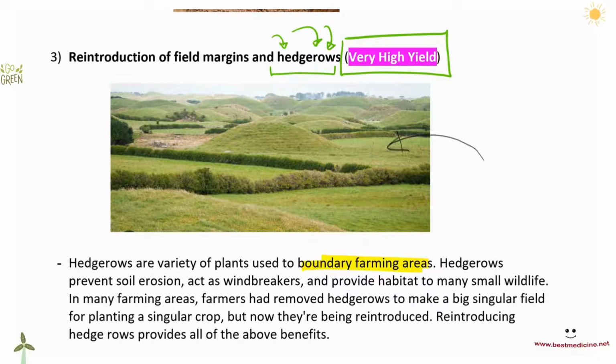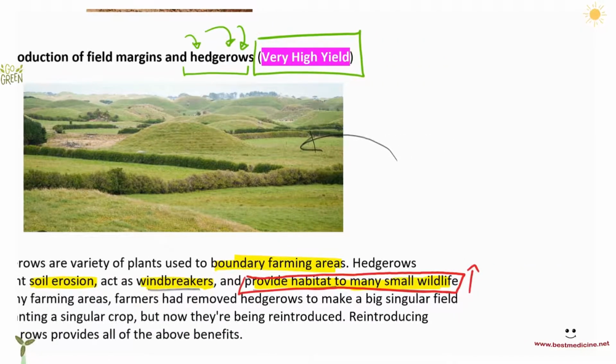Now, hedgerows prevent soil erosion, act as windbreakers, and provide habitat to many small wildlife. These are the advantages. And I think that is one of the most important points, because if you're providing habitat to many small wildlife, that increases biodiversity.